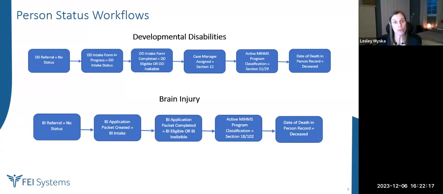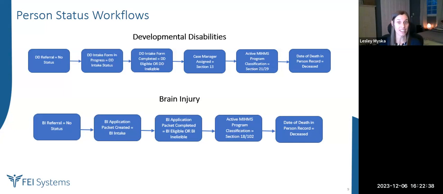And because that person record is linked to the MIMS member record, the classification will now show up in their person record, and it will automatically change their status to whichever section of program they're on, 21 or 29. So their person status will show up as 21 or 29.